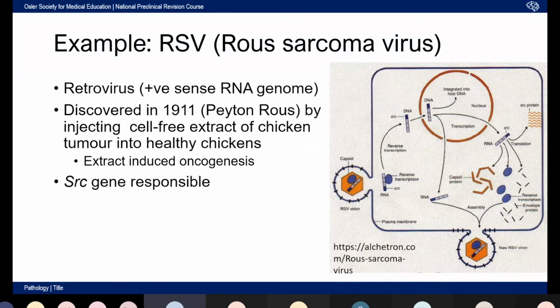It was later discovered that the SRC gene was responsible for the changes that occurred in the healthy cells leading to cancer. SRC encodes a tyrosine kinase and triggers uncontrolled growth in the host cells. And you can see the process of the integration and the viral replication cycle here. RSV actually encodes the capsid proteins, which is the GAG gene, reverse transcriptase, and the envelope gene itself.